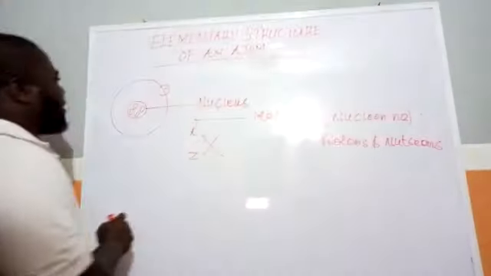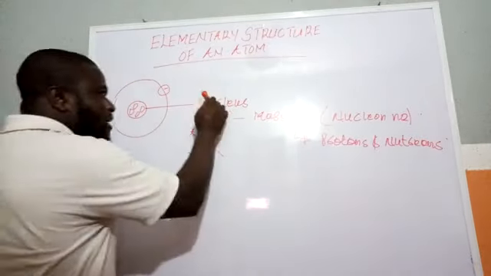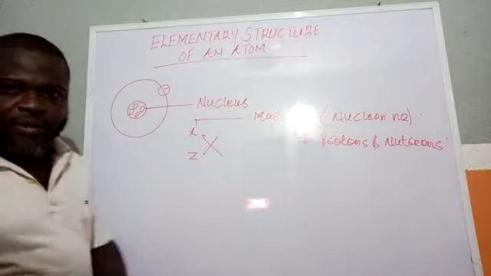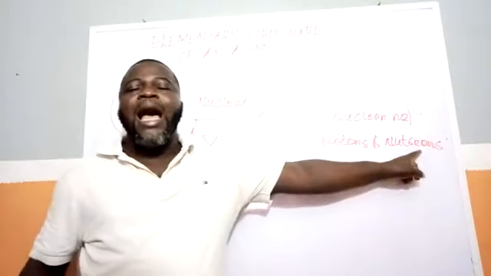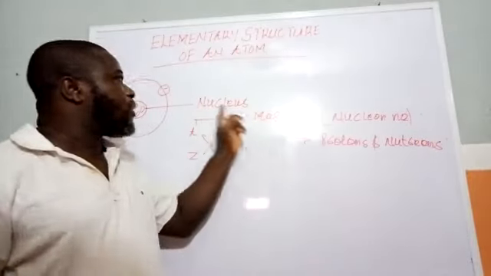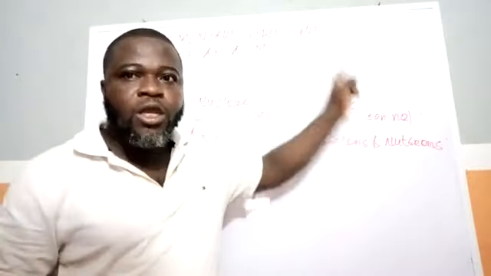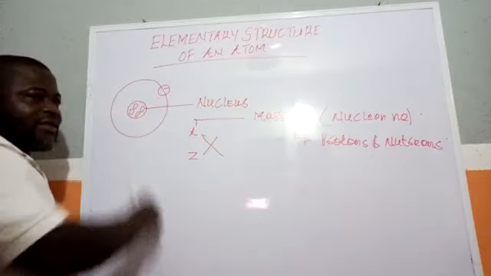Inside this nucleus, we have two things: the protons and the neutrons. This protons and neutrons is what make up the nucleus, which we also call nucleon number. So let's move on. Let's go to this Z.